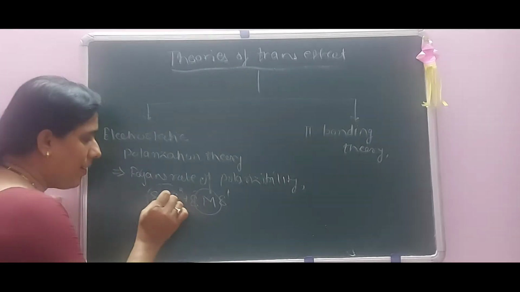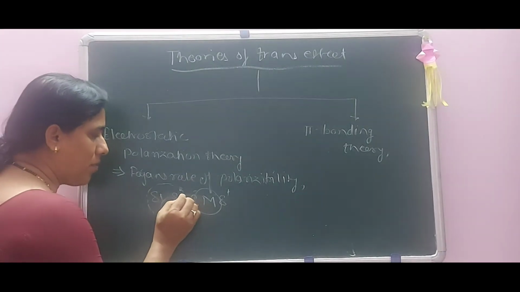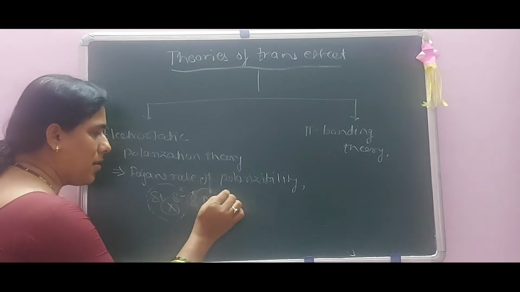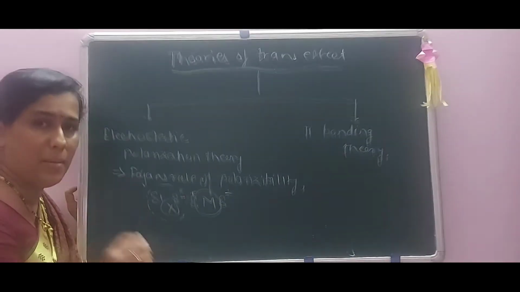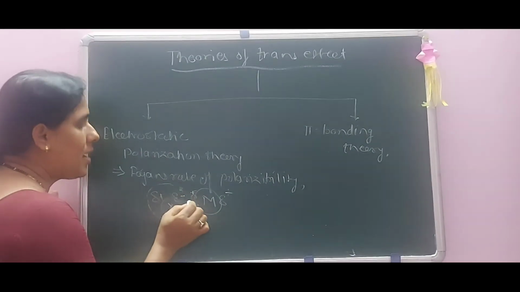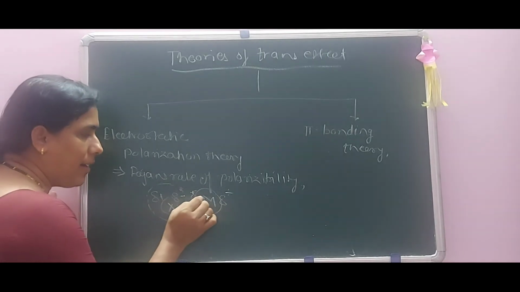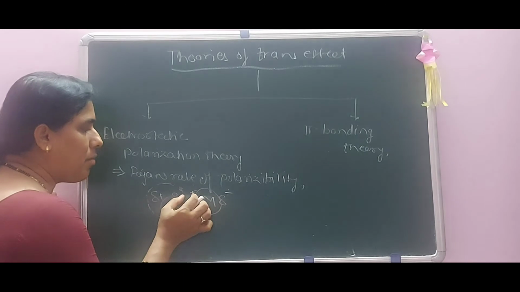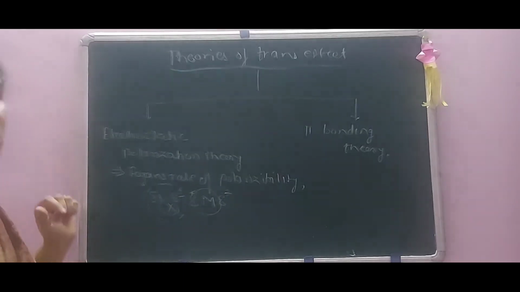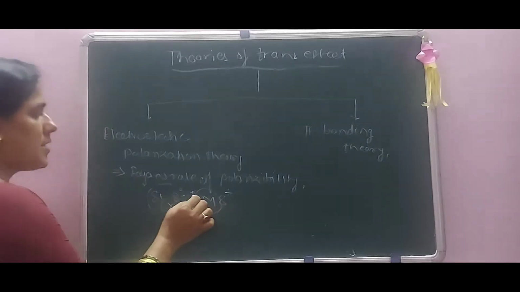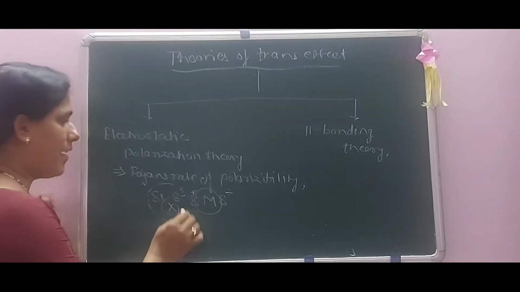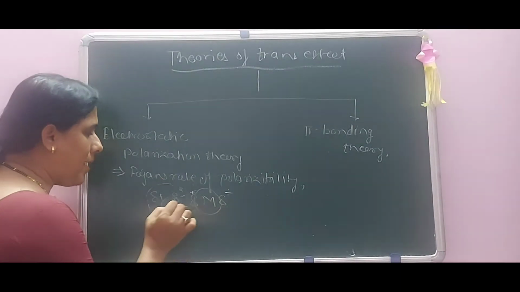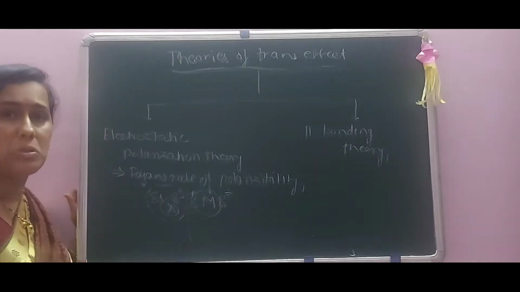Thus the electrons of the induced element get attracted, and in the positive point of this central metal ion there will be attraction between the central metal ion and the ligand, and thus the bond between M and X becomes strong.